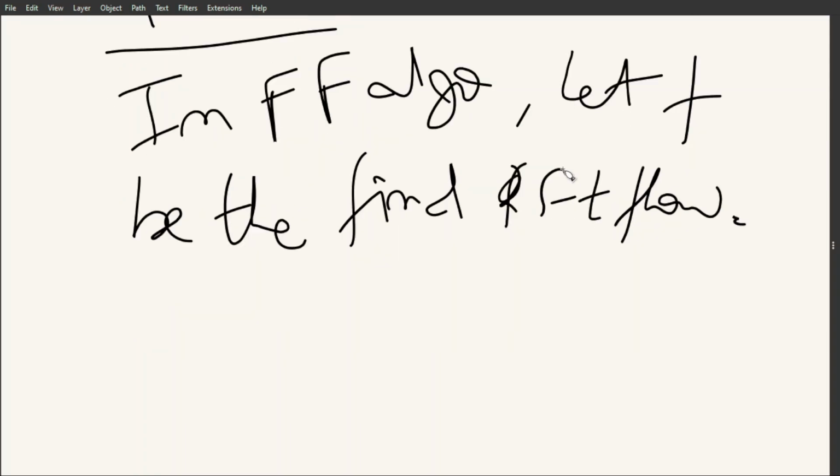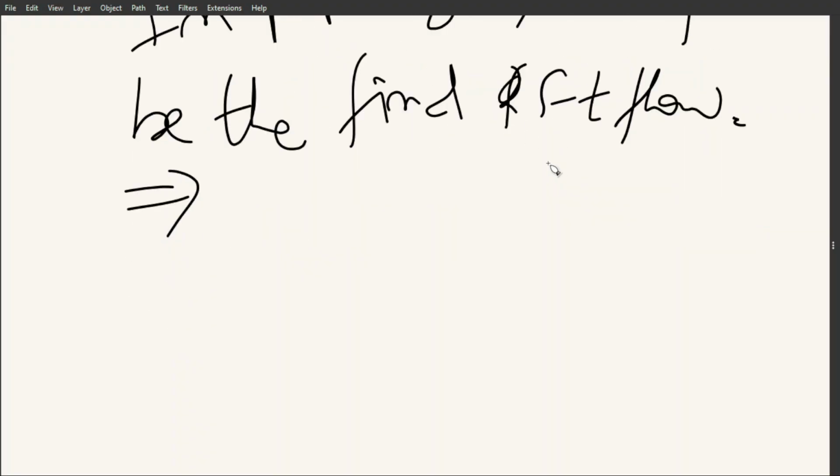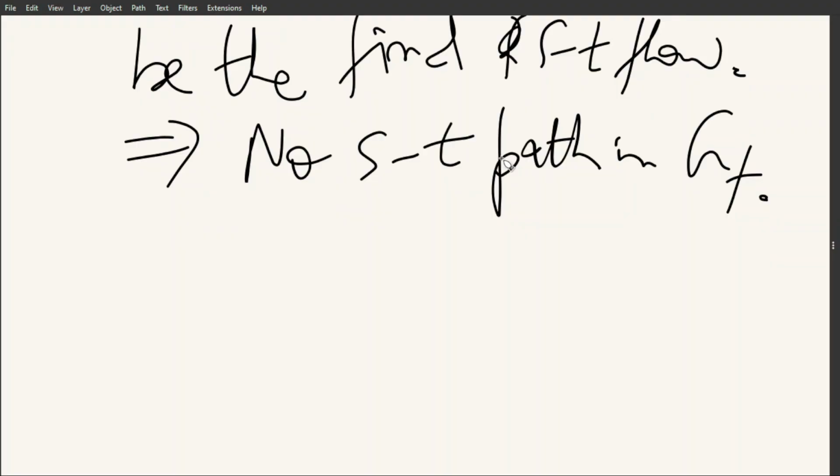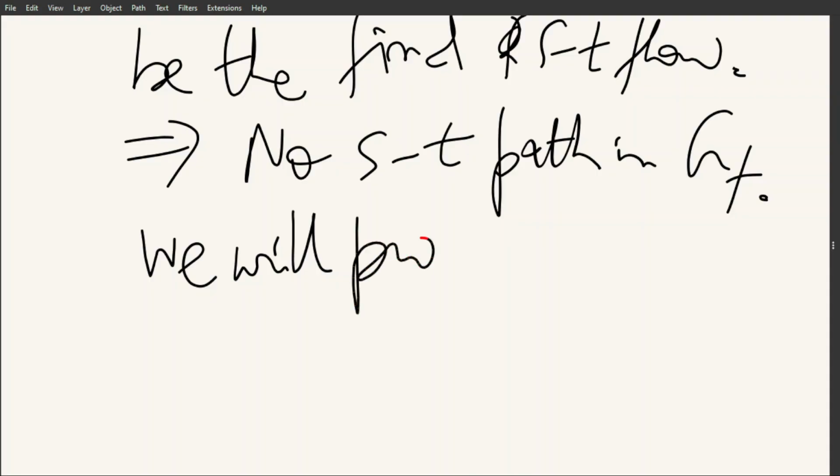The algorithm halts when there is no ST path. So it implies there is no ST path in the residual graph GF. So now we'll prove that there exists an ST cut.